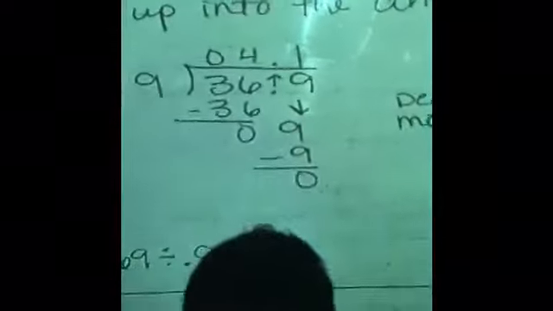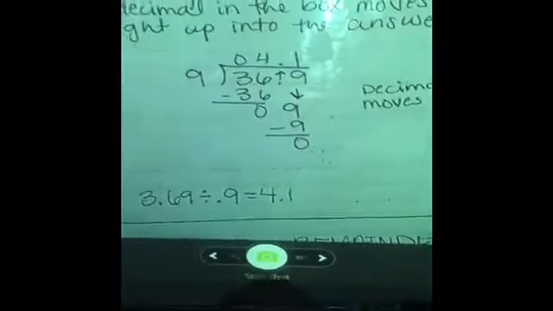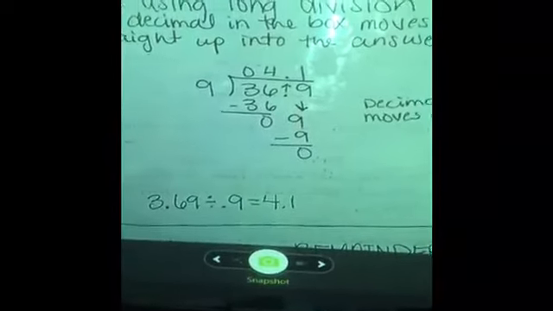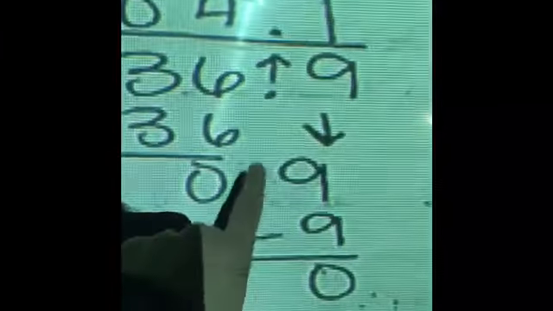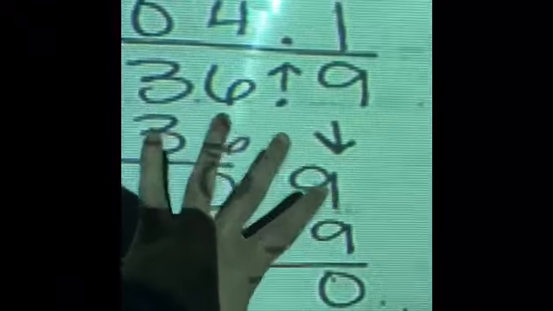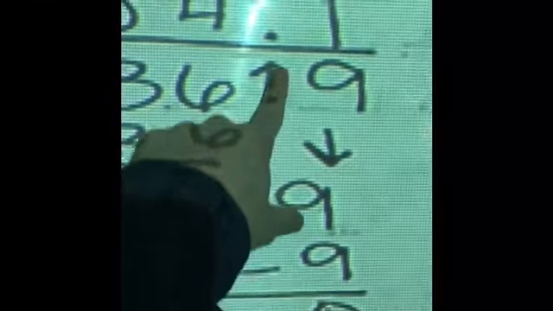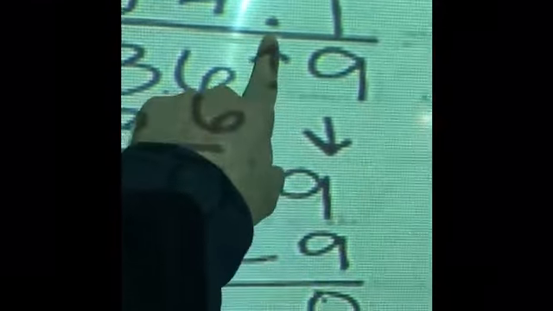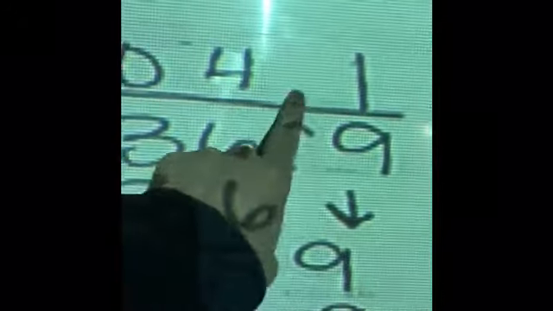So you don't have to count digits behind the decimals like in multiplication. All you do is you move the decimal up and then everything else you divide like normal. You kind of pretend the decimal isn't even there, but you just leave it right above where it is in the dividend. So if there was no decimal there, if it was 369, our answer would be 41. But since it's 36.9, our answer is 4.1.